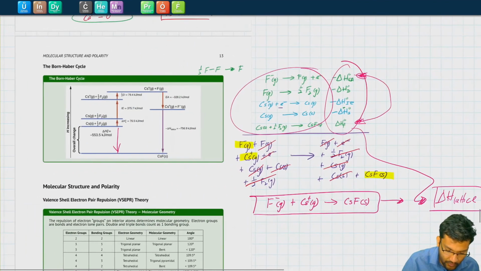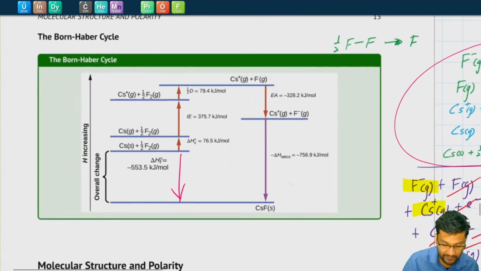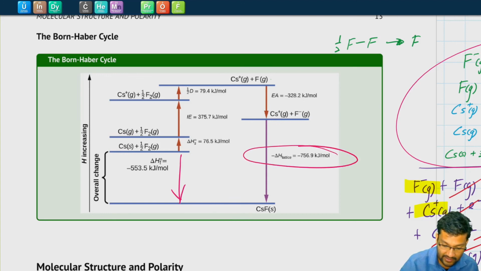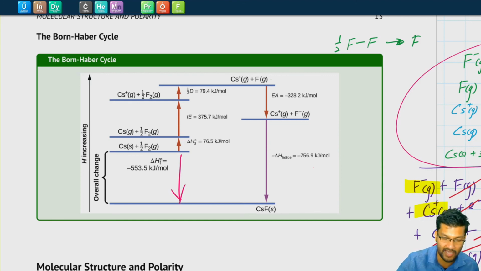All right, so hopefully that was a brief description of what the Born-Haber cycle is. It's just this cycle to help us figure out any of the different missing energies. Typically it's a lattice enthalpy, but we can use it to figure out any of the other missing enthalpies in this reaction cycle.